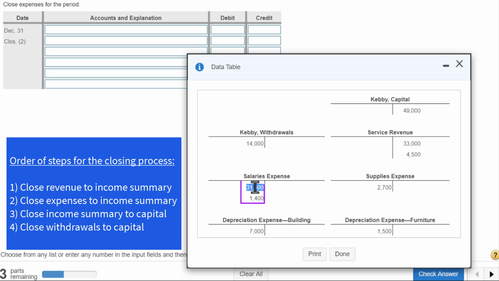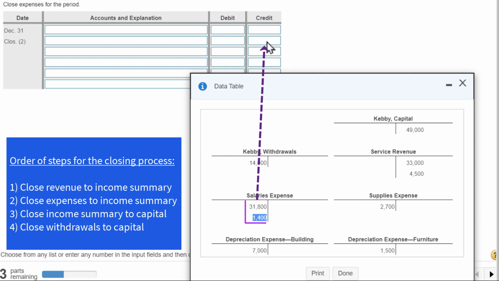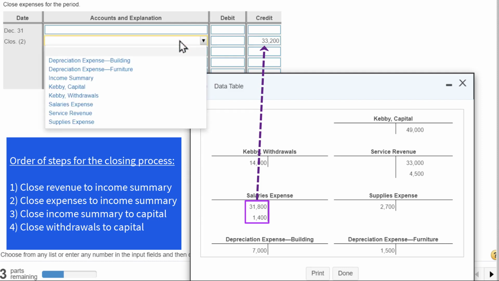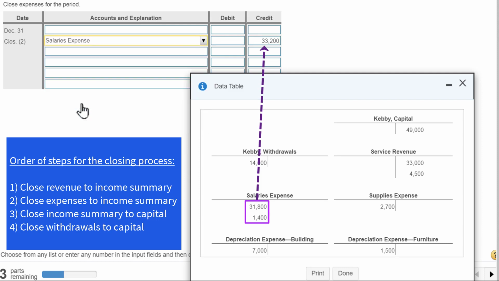I'm going to add up this plus this, and that gives us 33,200. So to close this expense account, I need to put it on the other side. So 33,200. Again, I got that 33,200 by adding 31,800 and 1,400. All right. So this is salaries expense being closed.